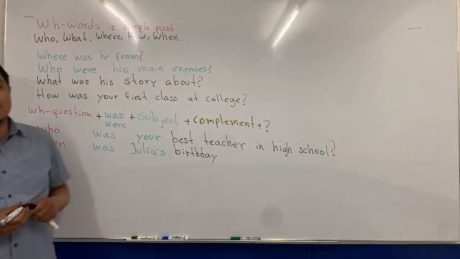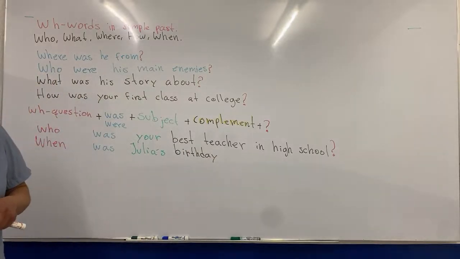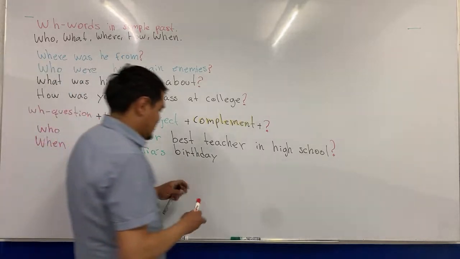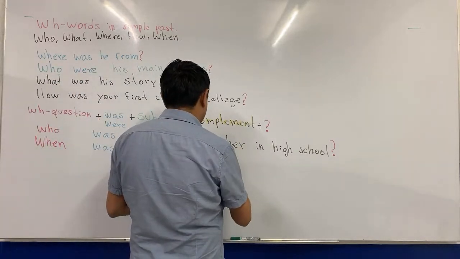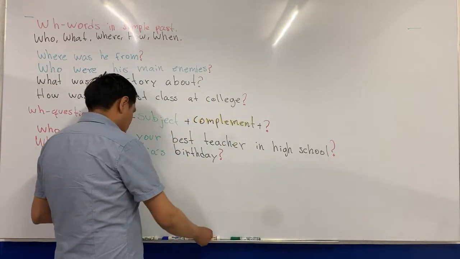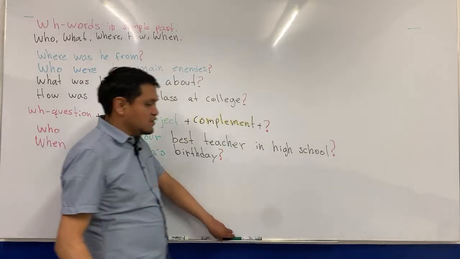When was Julia's birthday? It's all a question mark. Now, another example with this structure.